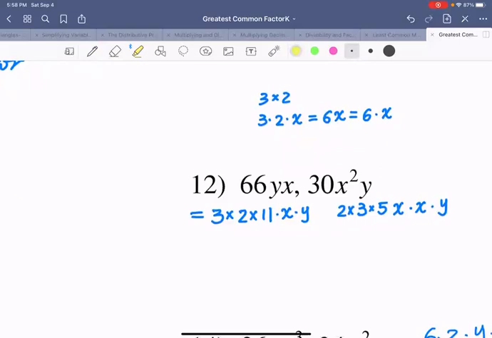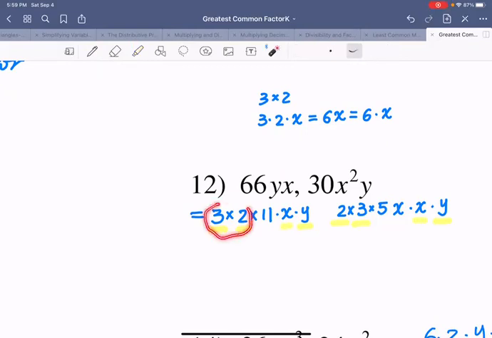We look for the common ones first. There's a 2 and a 3, they are the same, you can highlight. What else do you want to highlight? y. Good. Who else? x. You can also highlight x.